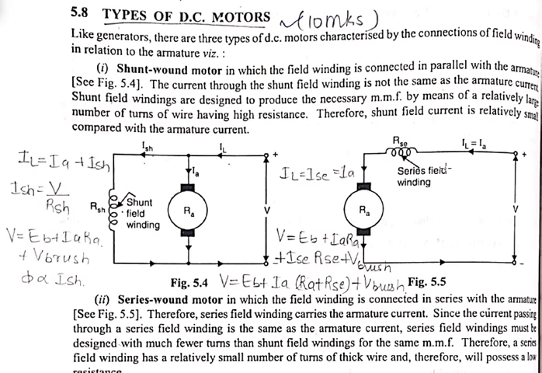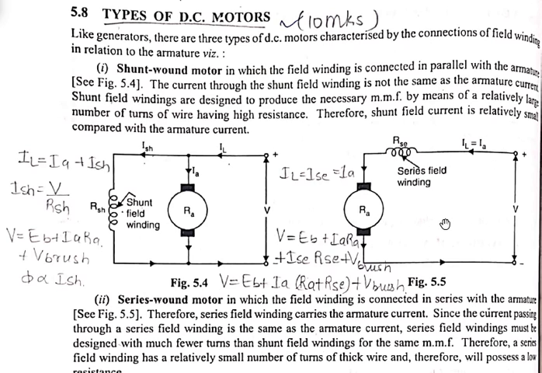In case of a series motor, you can see the field winding is connected in series with the armature winding. Therefore, whatever voltage is applied here, when the motor starts drawing current, that load current would be the same as the armature current, and the same amount of current will flow through the field winding as well.